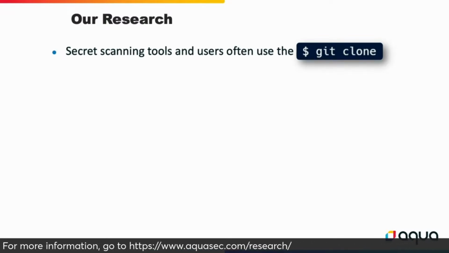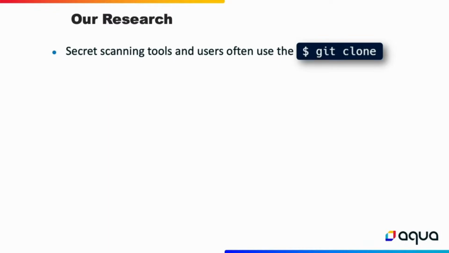When we want to scan our project or repository for secrets, we use the git CLI and provide the URL of the repository containing the code. Git will then download the repository from our source code management platform, such as GitHub. After this, we can run our secret scanning tools like GitLeaks and more in our projects, as we now have the code on our local machine.